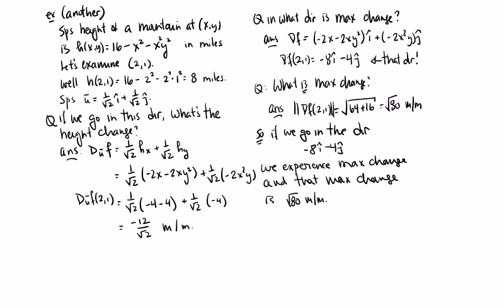Again, it's instantaneous, like a tangent line, but it's saying for every meter we go, we go up by the square root of 80 meters. So those are the basic properties.